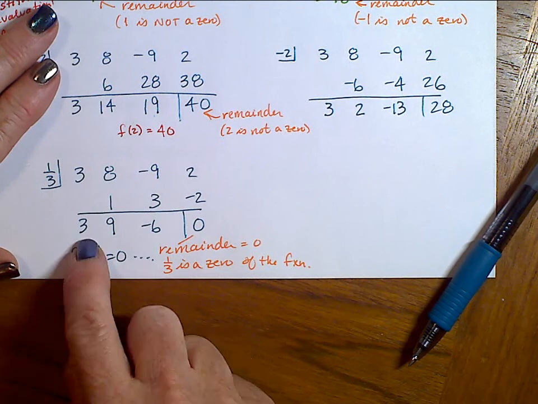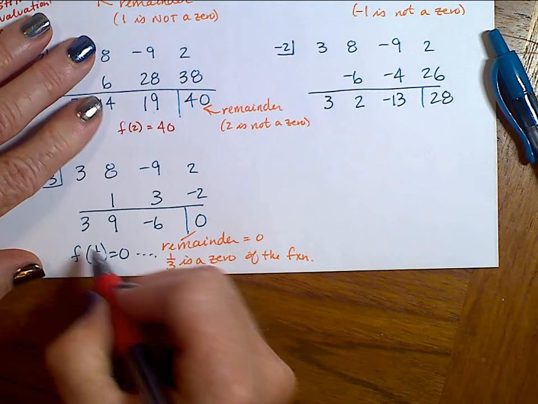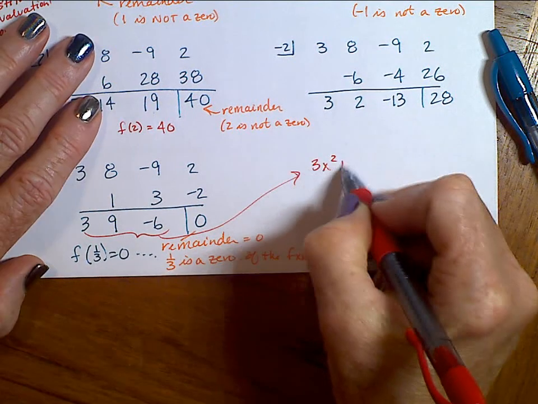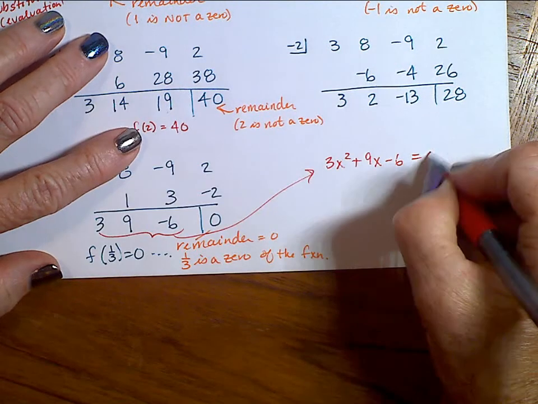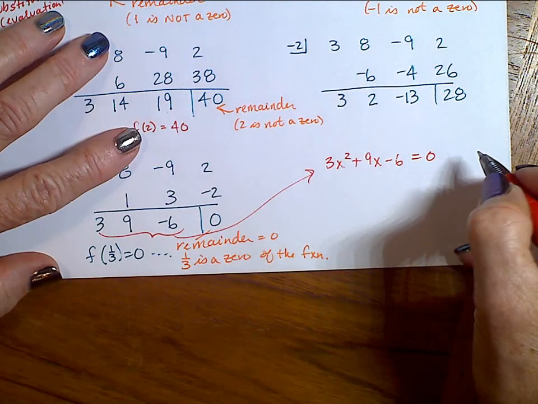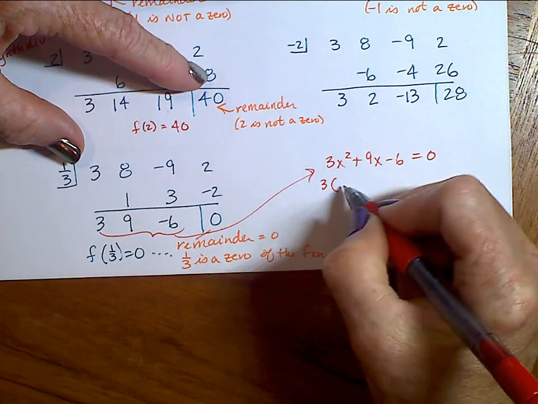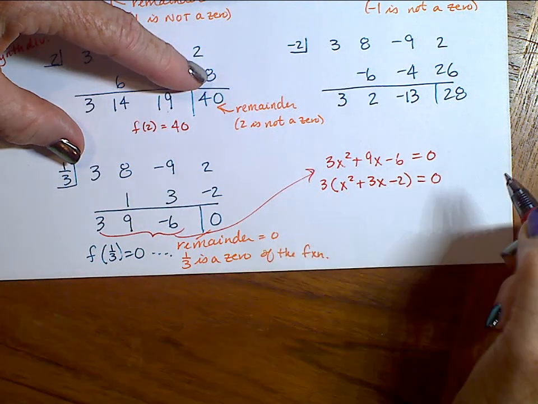Write that quadratic over here, 3x squared plus 9x minus 6. Set that equal to 0 and factor that if possible. If we pull a 3 out, that's x squared plus 3x minus 2 equals 0.